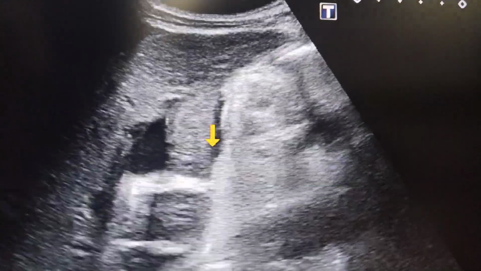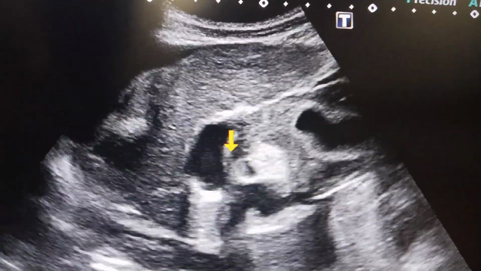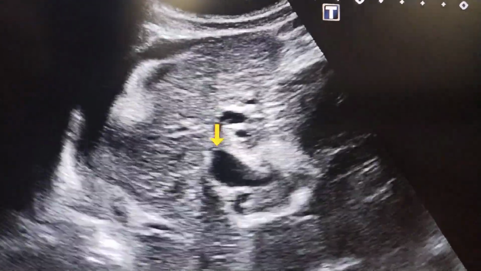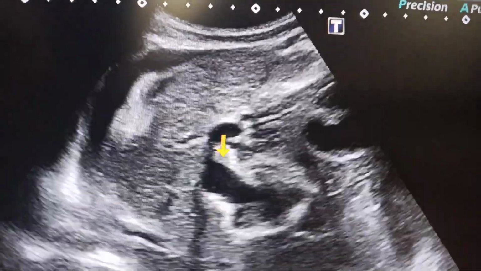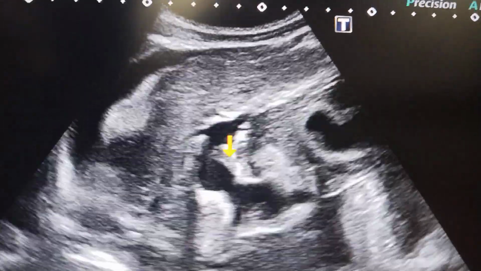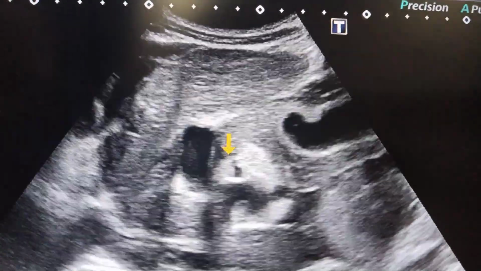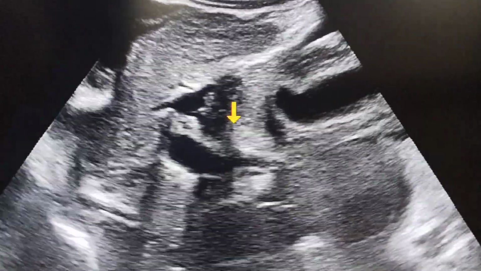This was all about the cirrhotic liver, how to describe and how to evaluate the cirrhotic liver with its associated complications. So this is basically the case of cirrhotic liver with portal hypertension.